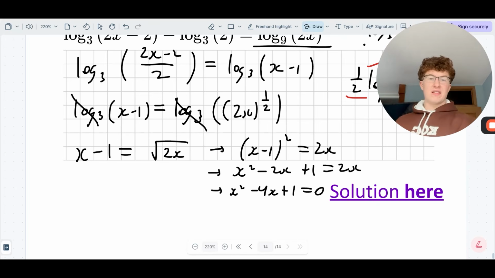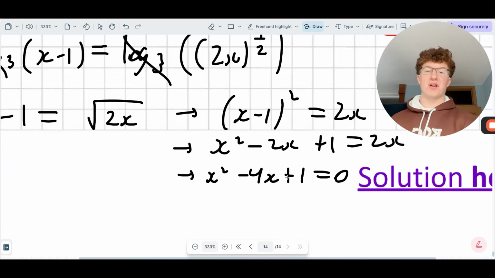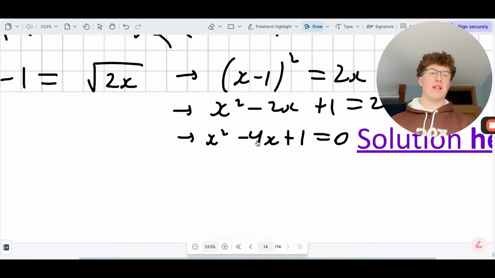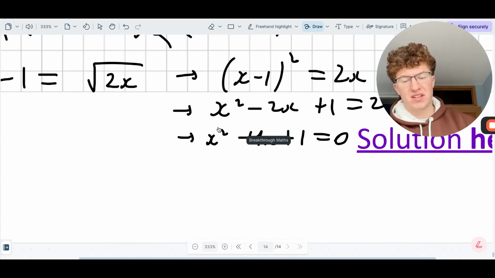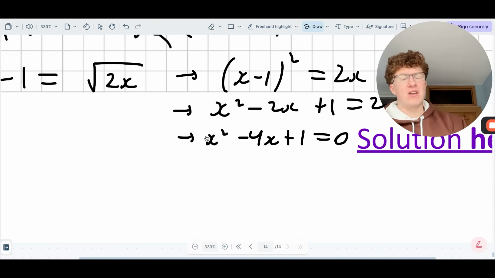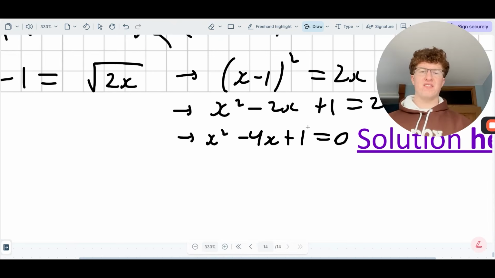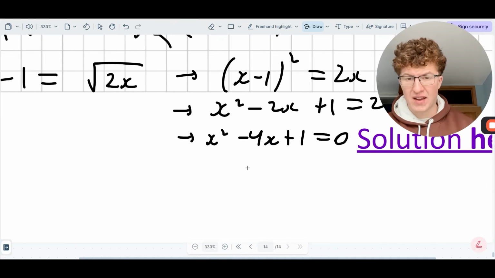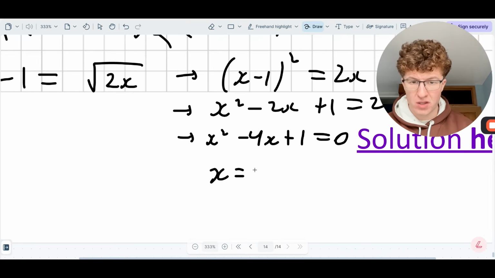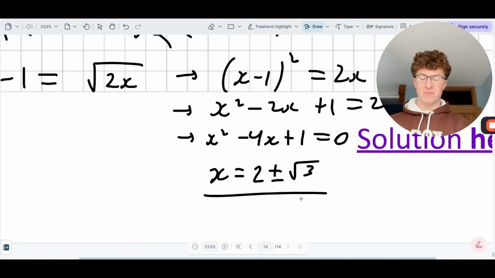Whoa. Now, we can't factor this because we can't really get a combination that will add to minus 4. So just literally plug this into the minus b formula, where a is 1, b is minus 4, and c is 1. And you should get x equals 2 plus or minus root 3 from the minus b formula.